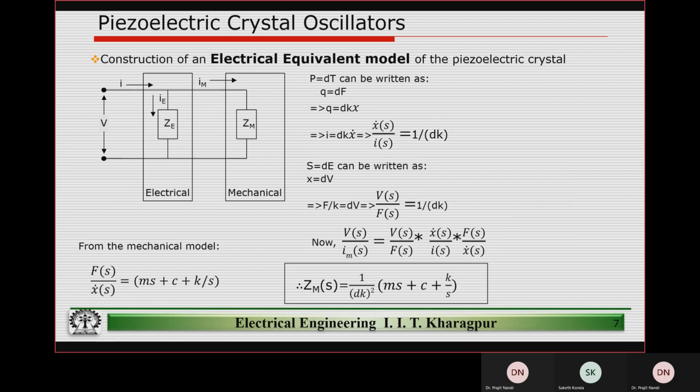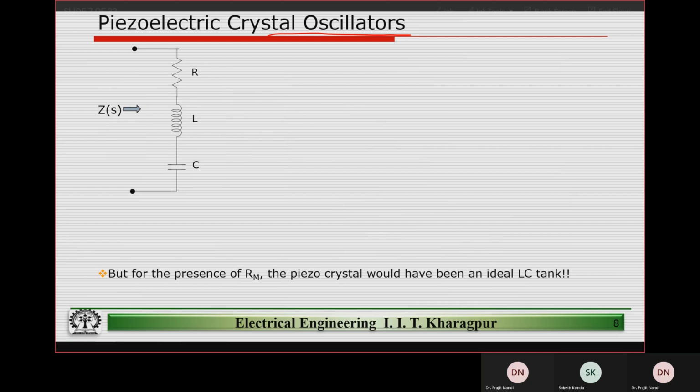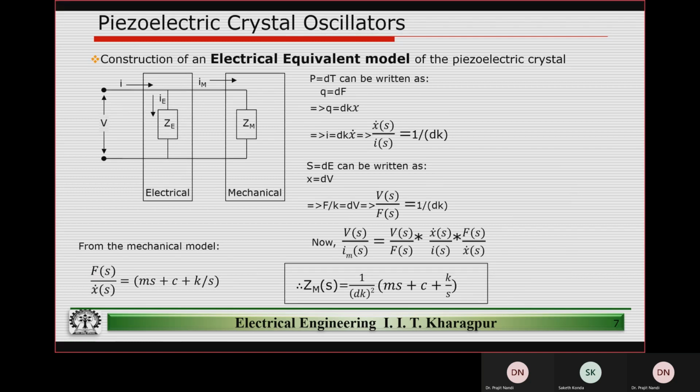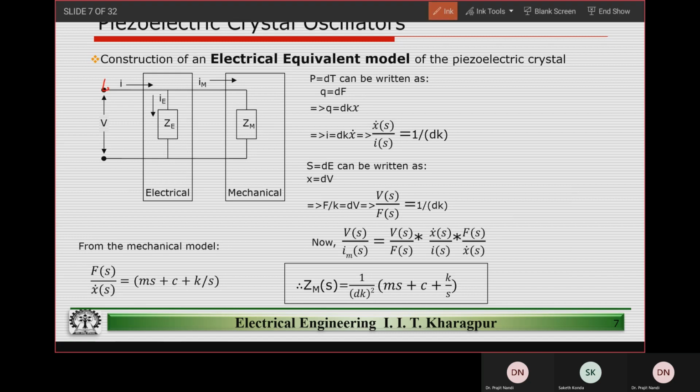The electrical equivalent of the mechanical portion is given by Zm, and the electrical impedance is Ze. Let's look at Zm first. Zm can be given by the voltage across this terminal and the current Im flowing here. If I can find voltage divided by Im, then I can know what Zm is.